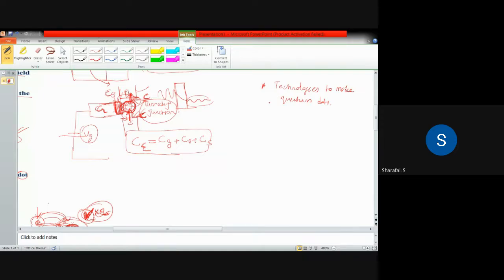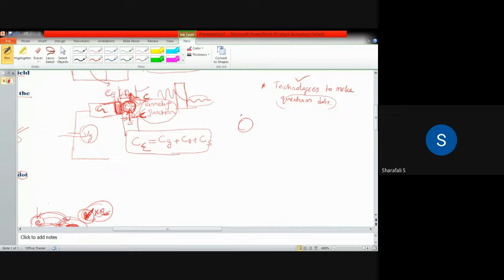And then we have to couple this quantum dot through a tunneling barrier, which must be precisely controlled in its size and position. So we have to make this quantum dot; we need all the technologies for that. Then after having this quantum dot, we have to have this kind of tunneling junction.